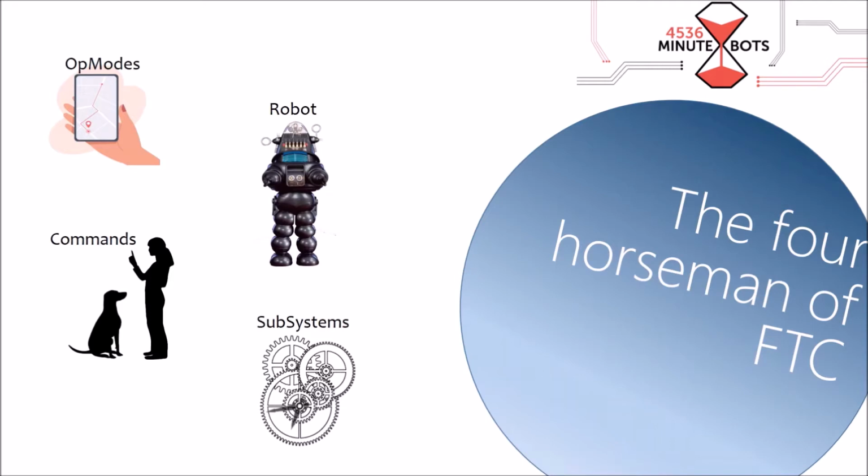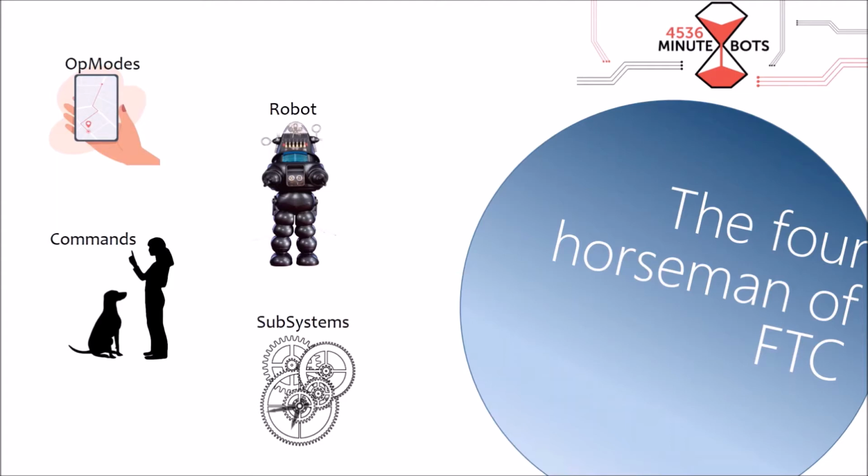So we've looked at subsystems in the previous 4 videos dealing with the drive system, but there are 3 other areas of concern when you're creating a robot, and the other 3 horsemen take care of these: the OpModes, the robot, and the commands. Each of these has a significant role to play so that they can work together to make your robot fully functional.